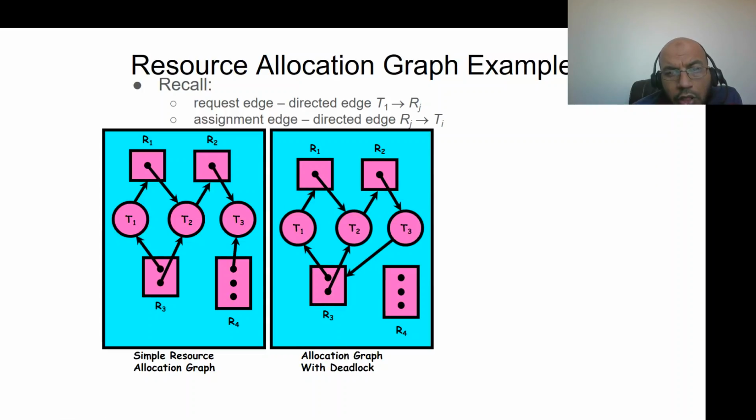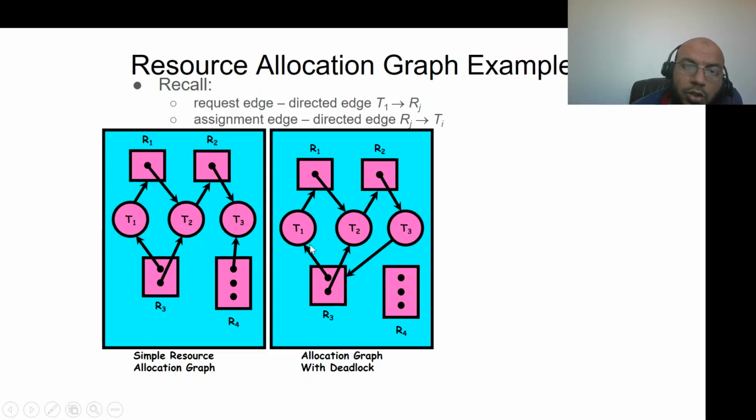If you look at the first graph, there is no deadlock, but the second graph does have a deadlock, because R1 is allocated to T2. T2 requires R2. R2 is allocated to T3. T3 requires R3.